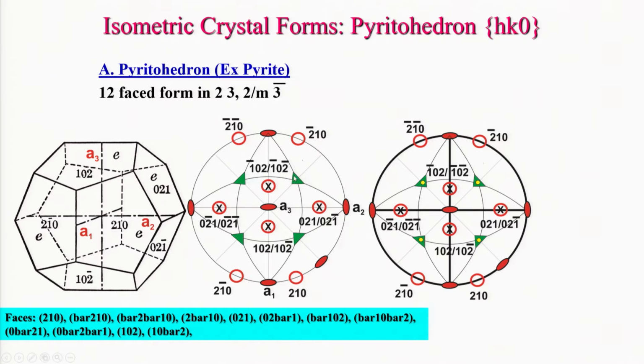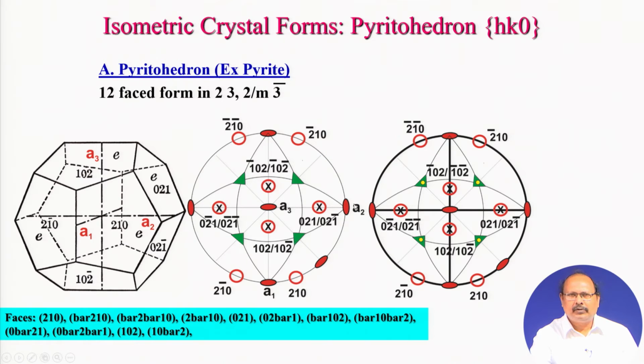This will be acted upon by this threefold axis of symmetry, and a 120 degree rotation will bring this 021 to this position here, and another 120 degrees will bring it to this open circle position here. Now, what will be the Miller index symbol of these two faces, one here and the other here?